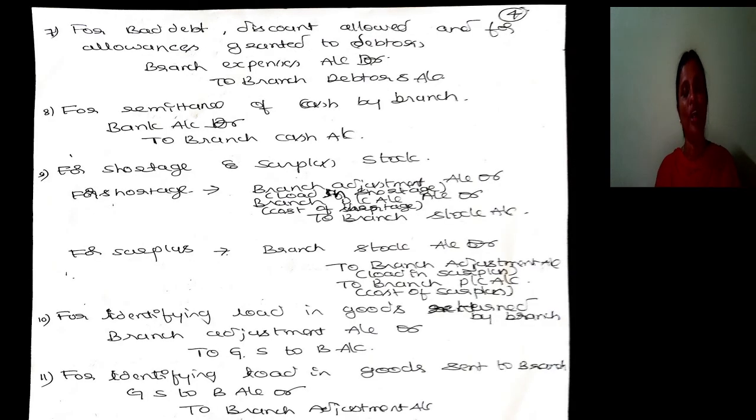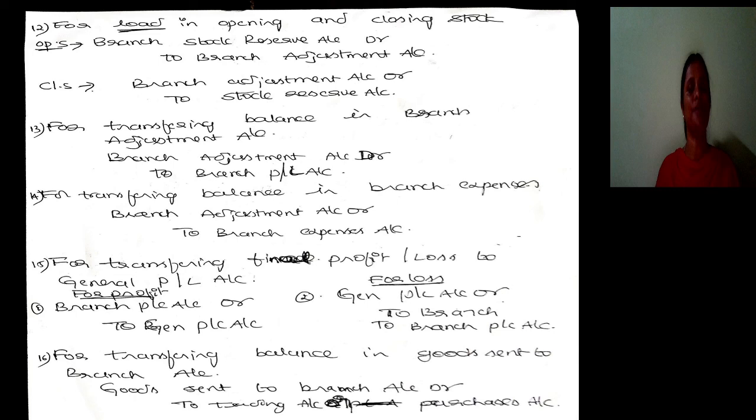But while recording loading in goods sent and goods returned, we will credit Goods Sent to Branch and debit Goods Sent to Branch with respect to loading in goods returned and goods sent, but debit Branch Adjustment account and credit Branch Adjustment account respectively with regard to goods returned and goods sent.